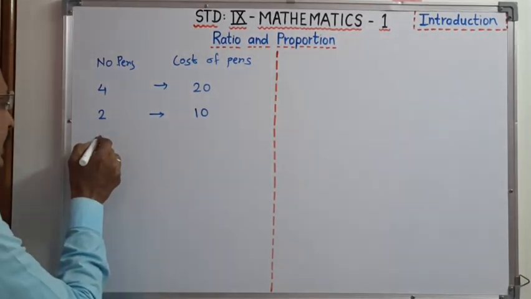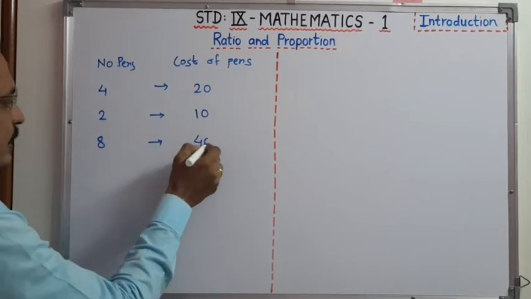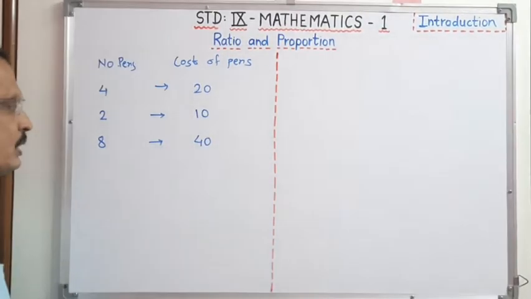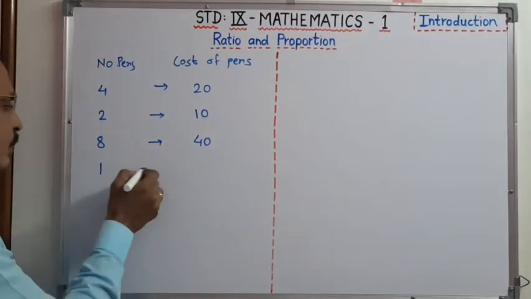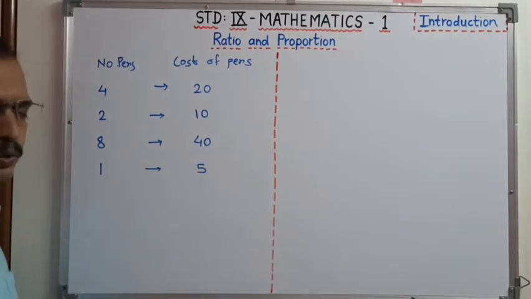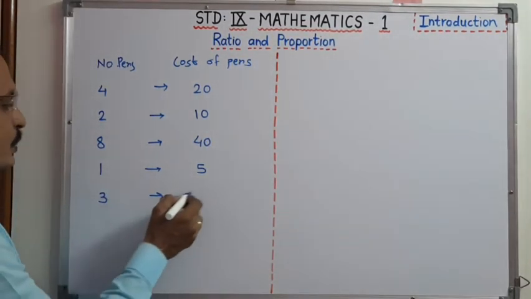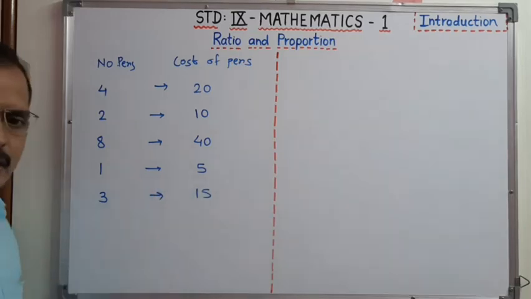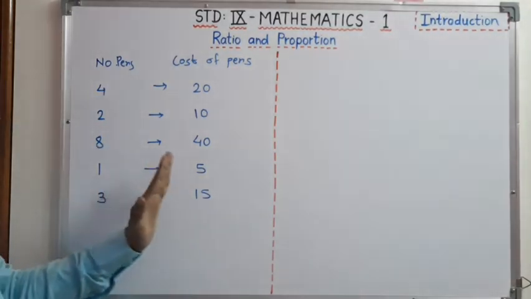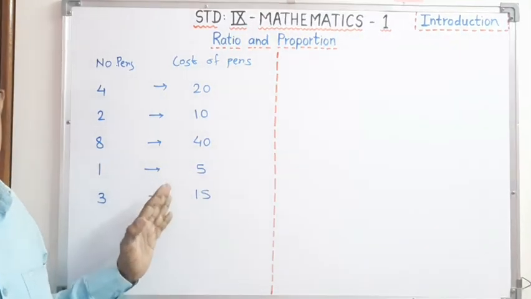Suppose I take 8 pens, then it is 40. If I take 1 pen, then the cost is 5 rupees. If I take 3 pens, the cost will be 15 rupees. That means these two things are there, and these two things depend upon each other.